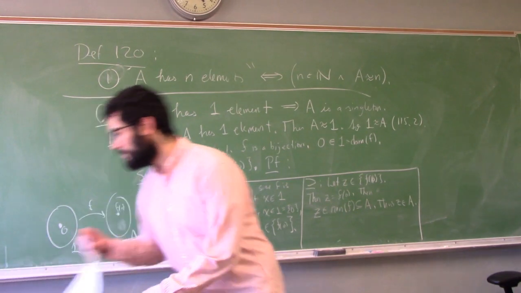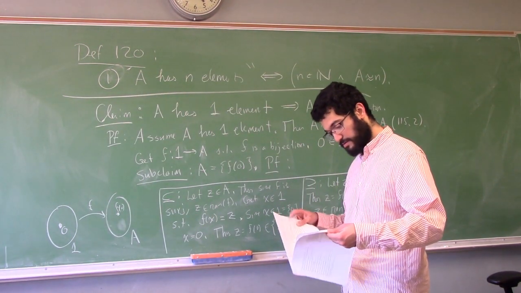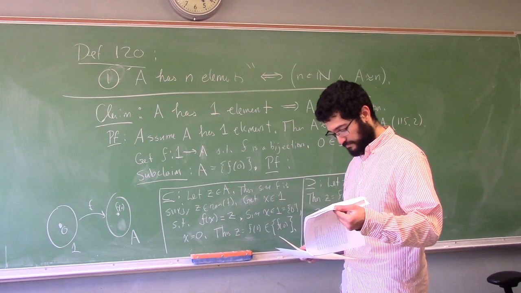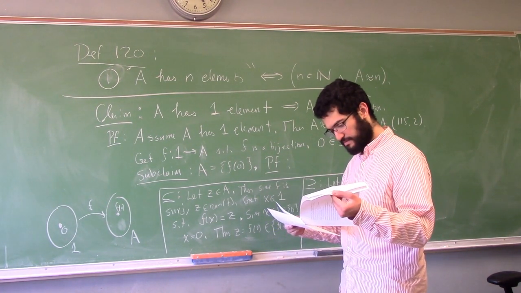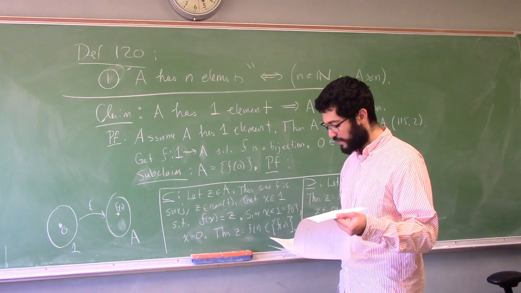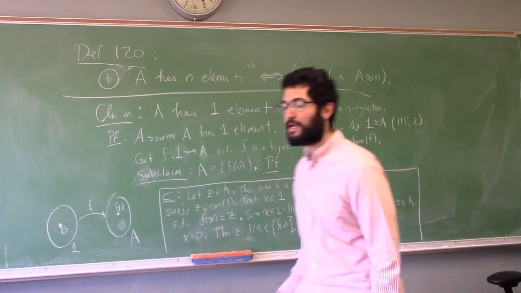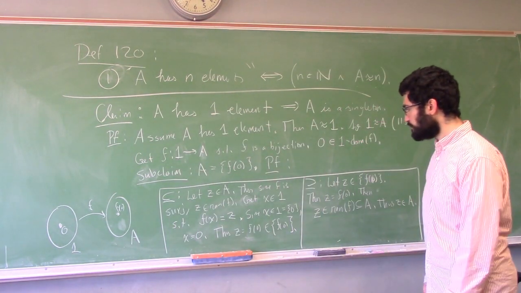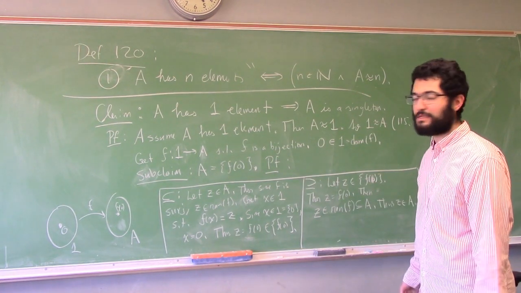And if you're going to do it that way, then you can use one of our earlier things. Theorem 25 says a set is a singleton if and only if it has a unique element. Okay, so this was a little bit less efficient. I didn't use Theorem 25.